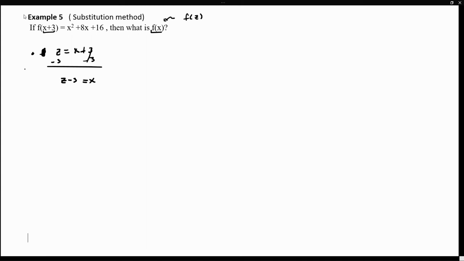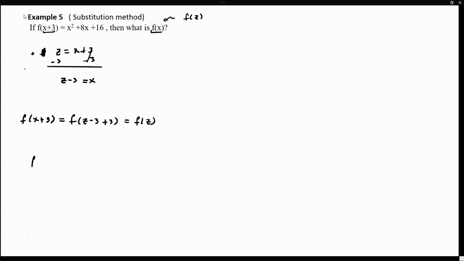And now what we can do at this point is come back to the function, f of x plus 3, and substitute every x with the term z minus 3. So we're going to have z minus 3 plus 3 is equivalent to f of z, which we already said is equivalent to f of x. It's just a different variable.